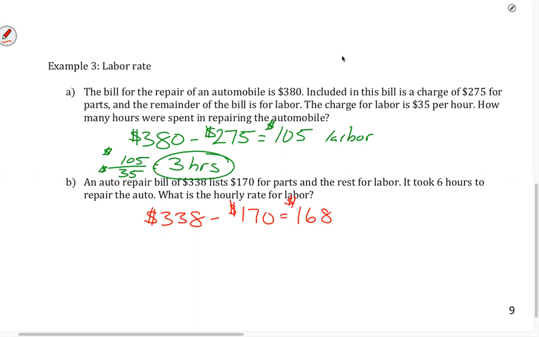So what was the hourly rate? So I do 168 divided by 6, and I get, let's see, 28. So it was $28 per hour.